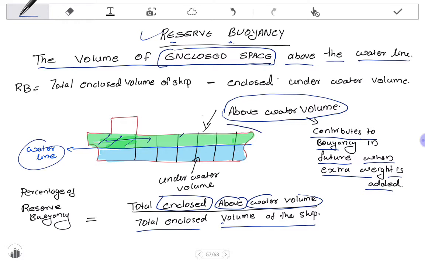So whatever the volume above the water level divided by the whole enclosed volume of the ship is called the percentage of reserve buoyancy.